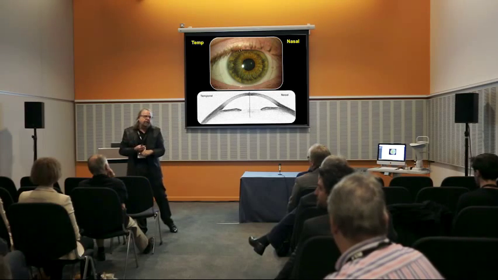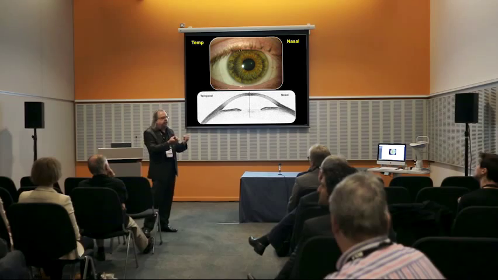Now, it's easy to explain some of that downward movement due to lid pressure and watermelon seed effect and all of those other gravitational forces, yes, those are all playing a role. But we can pin a little bit of this inferior displacement to the shape of the sclera.